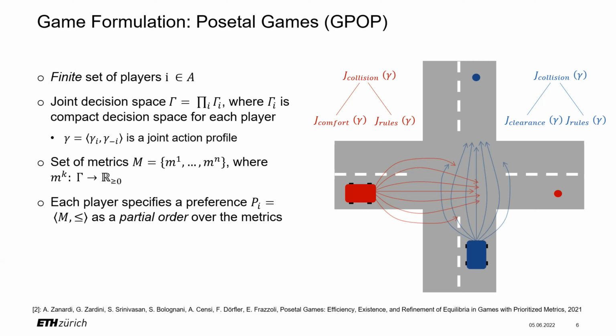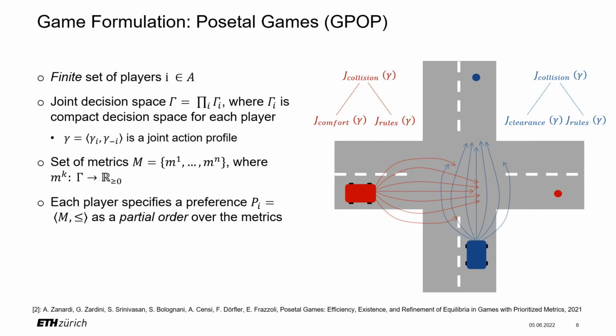For example, the blue vehicle can, instead of specifying his preference as a single cost, specify his preference as a partial order. So saying, for example, that the collision cost is the most important cost for him. And then secondarily, he will be interested in keeping a clearance from other vehicles and respecting the rules of the road, because one can argue that not colliding is the most important thing.